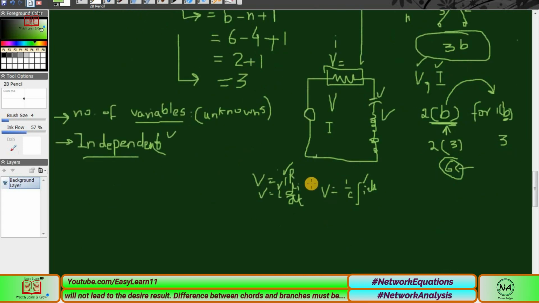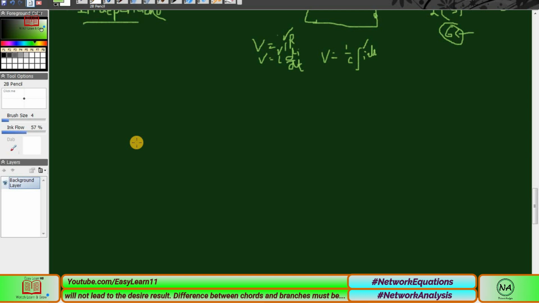But let me show you here. The unknown quantities of interest are the branch voltage and current, and there are two types of circuits, series and parallel circuits, and we have different types of combinations that you need to keep in your mind.